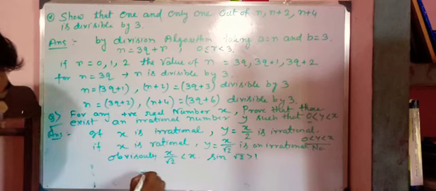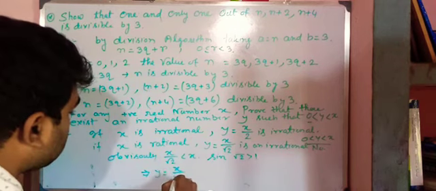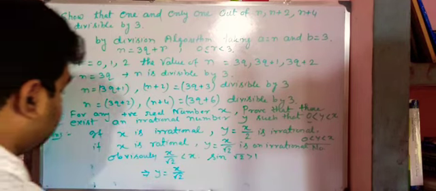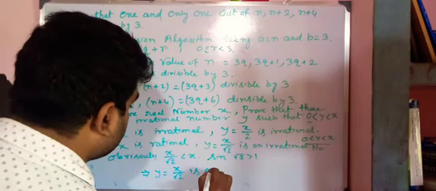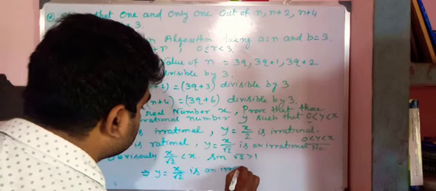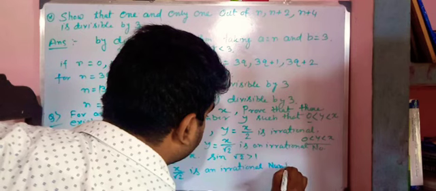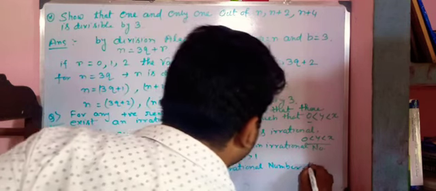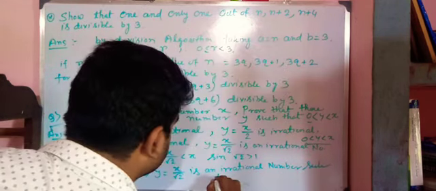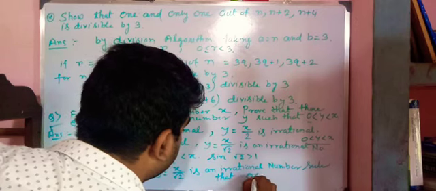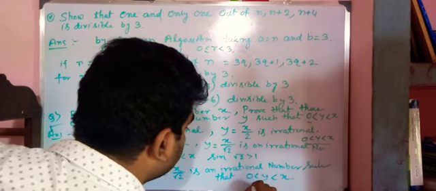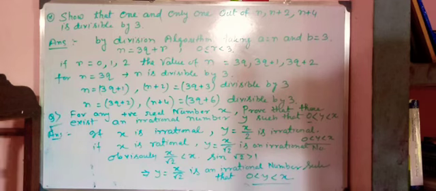That implies y equal to x by root 2 is an irrational number such that 0 less than y less than x. Understood? That is the proof or solution, whatever you say.